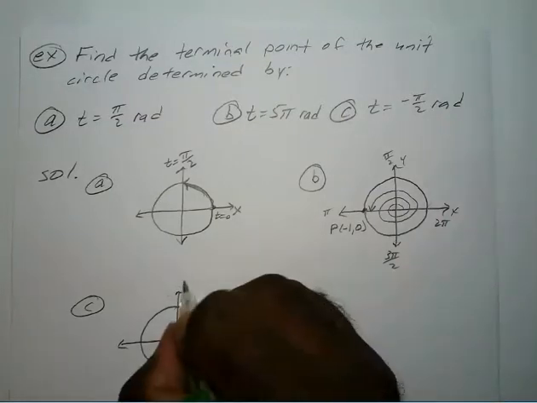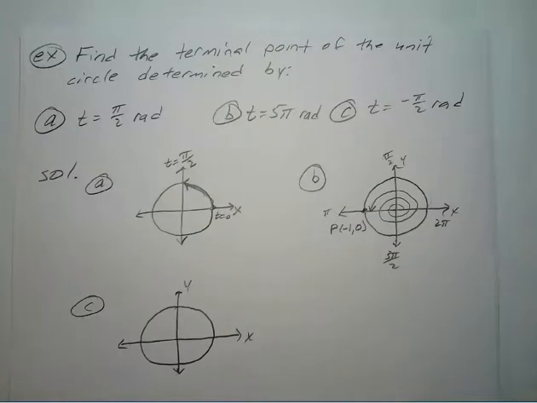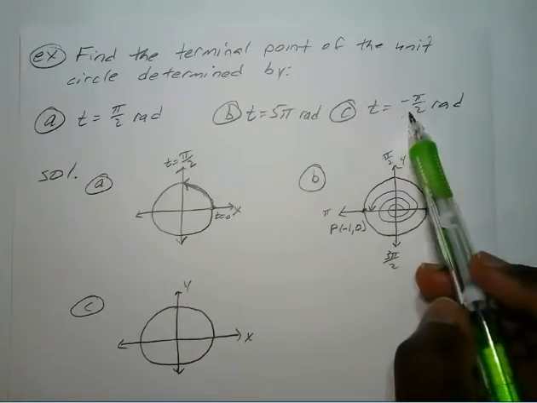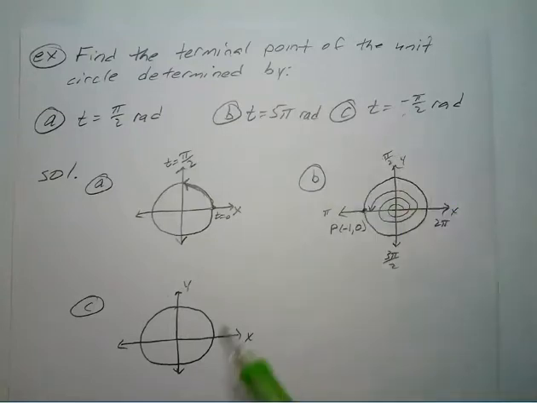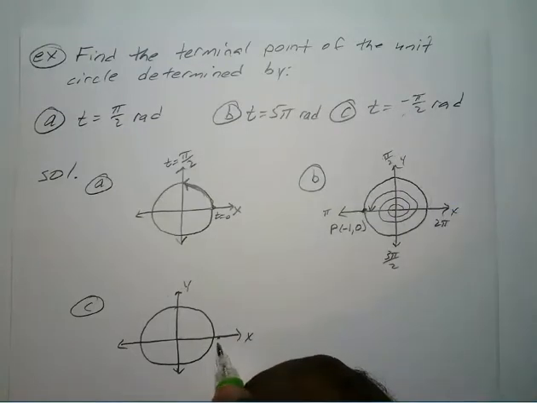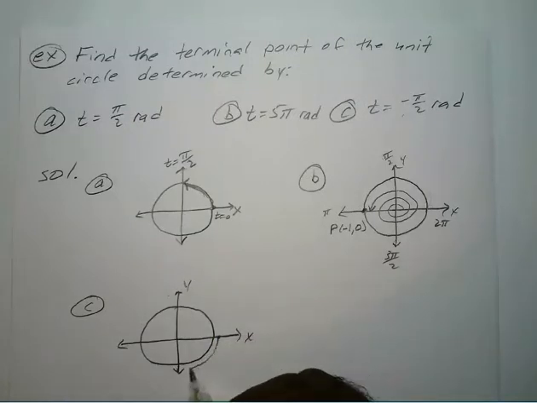We have our x and we have our y. Now, whenever t is less than 0, remember, you go clockwise. So we're going to start here, t equals 0, but instead of going here to pi over 2, this will be negative pi over 2.